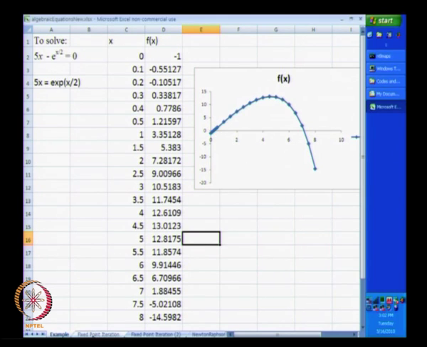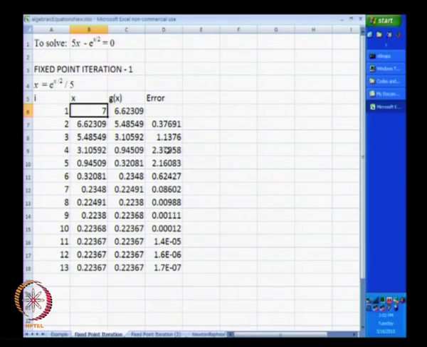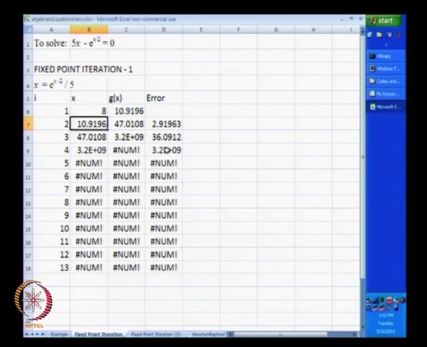Now let us see what happens if we go to x equal to 8. The interesting thing that we see is that now the solution is not converging, in fact the solution is diverging.